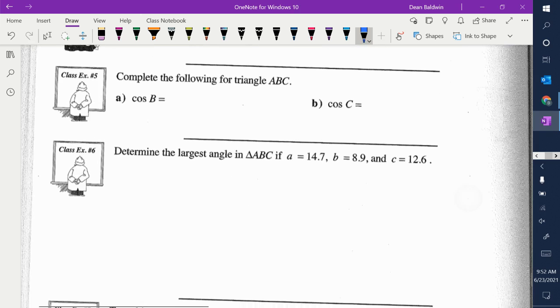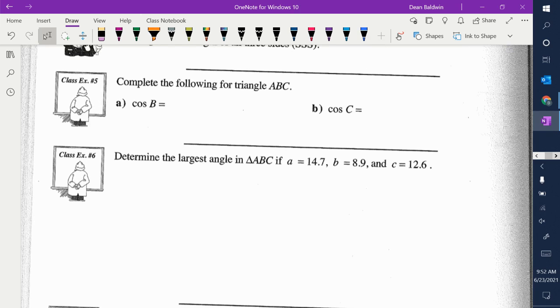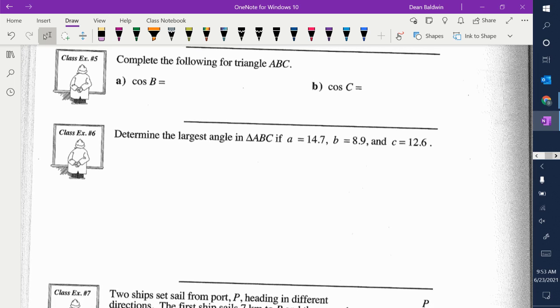So here we go. Determine the largest angle in triangle ABC if A is this, B is this, and C is this. Draw a triangle. Label it ABC.